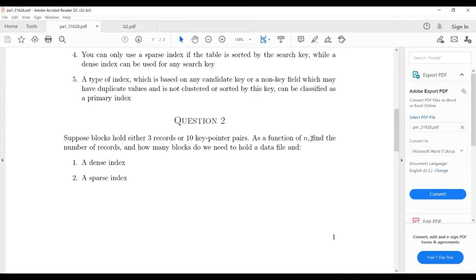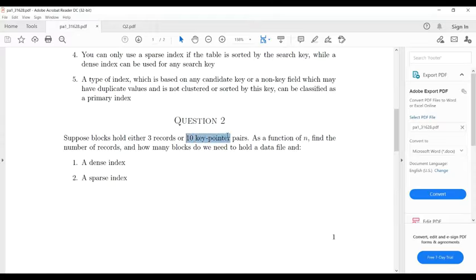Meaning that I have n data entries, then I will need to reference those n data entries in my dense index, all of them. So it's quite similar to the number of blocks we need to hold the data file. Okay, we need to know how many records a page can hold while constructing the index.